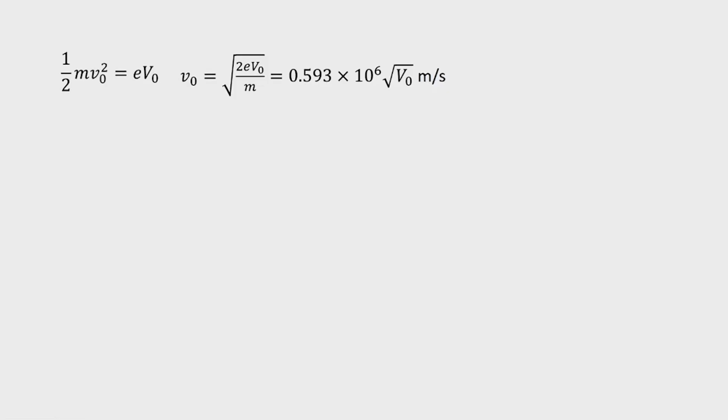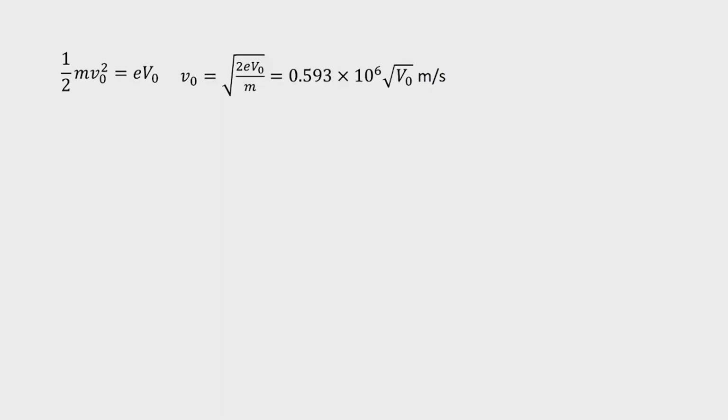After being accelerated through a voltage V0, the kinetic energy, half mv squared, is equal to eV0, and therefore, we can write the velocity of the electron after being accelerated by a voltage V0 as the square root of 2eV0 by m. e is the electronic charge, m is the mass of the electron.